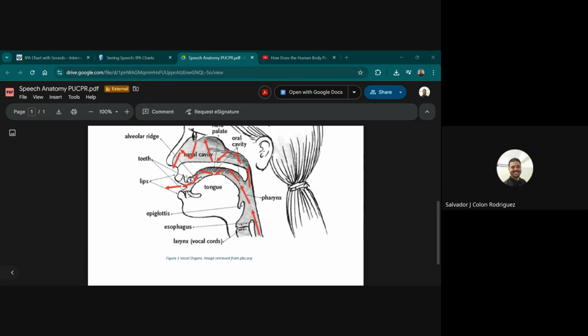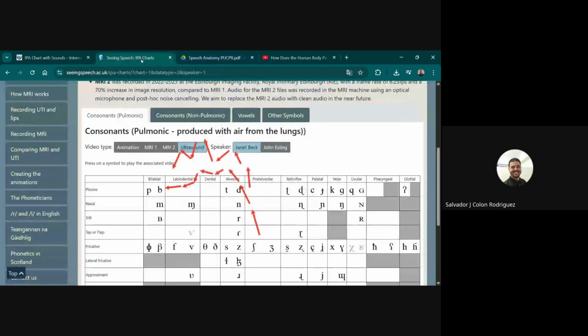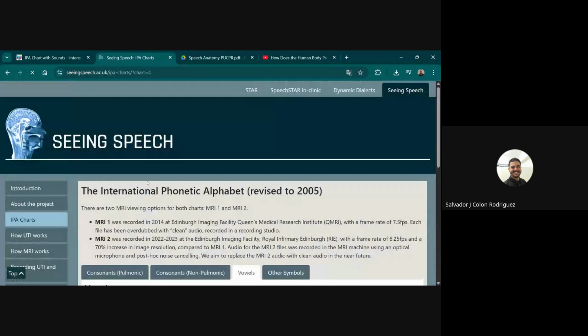So depending on the position of the tongue, it'll be the vowel that you will be producing. Okay, so I can show you real quick over here. I have an IPA chart right over here. Okay, let me eliminate the arrows for a second. Okay, and let's go to the vowels. I'm just gonna give you a short hint.